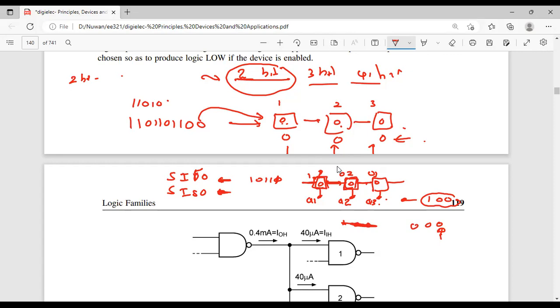If I ask you to write the output at the first clock cycle, this will be 1, this 0, and this 0, but only Q3 gives the output, so your output will be 0. The next output will be the Q2 bit, and the last output will be the Q1 bit. Is that clear? So you have to care about the output procedure, how many bits there are, and the number of clock cycles. Is that clear?